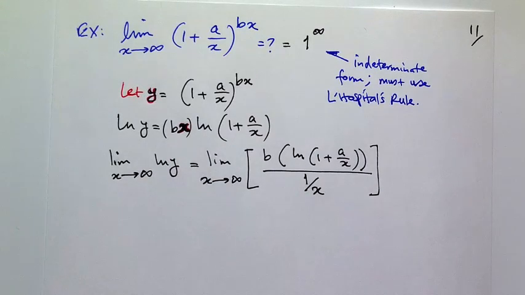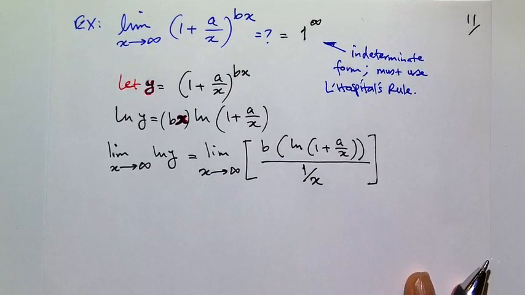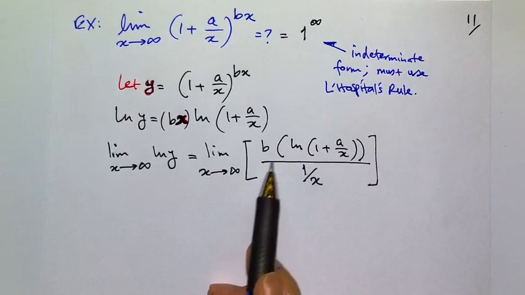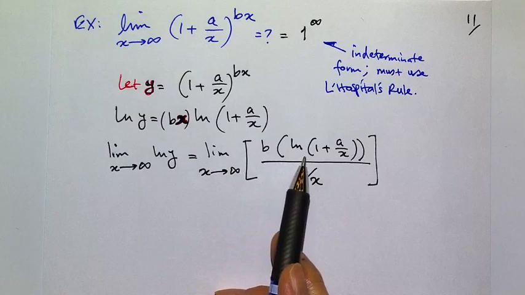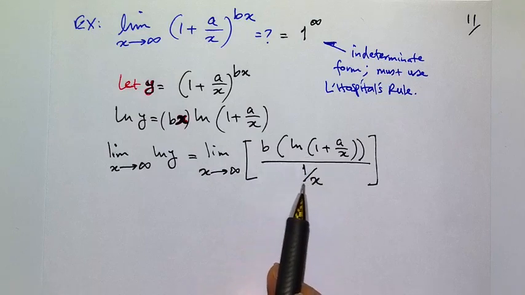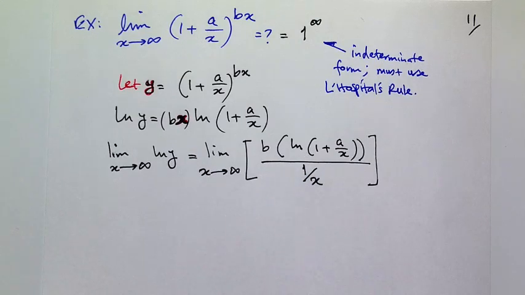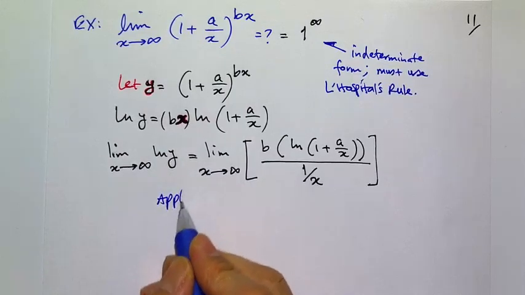Okay, but we did this so we can apply the L'Hopital rule. I'm just double checking to make sure that everything looks good here. Yep, it looks good. All right, so now we apply the L'Hopital rule.